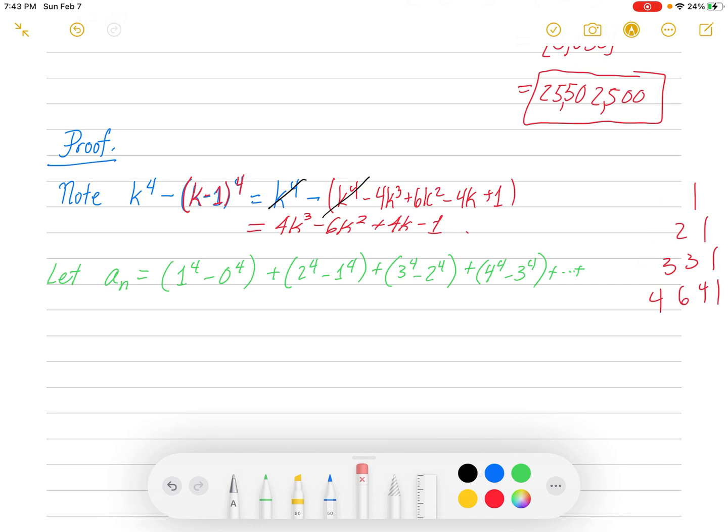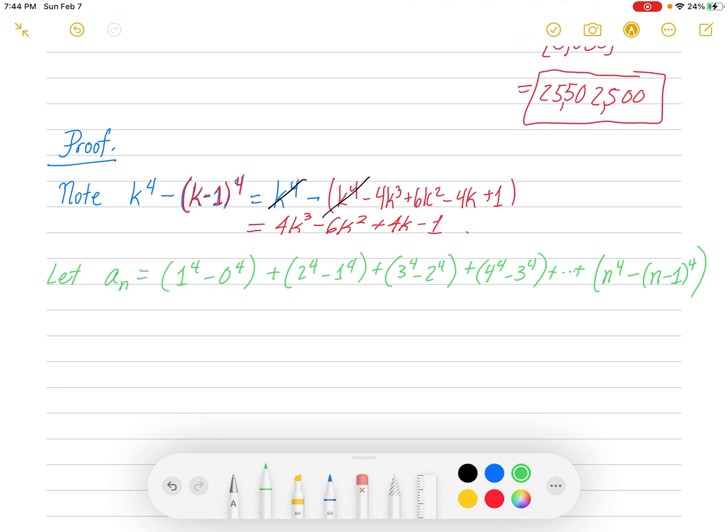I'm going to erase my little Pascal triangle here. All right, and we're going to go all the way up to n. So in place of k, we're going to plug in an n. Finally here at the end, we're going to have n to the 4th minus n minus 1 to the 4th.